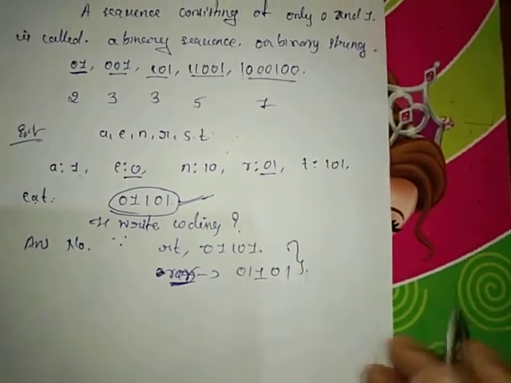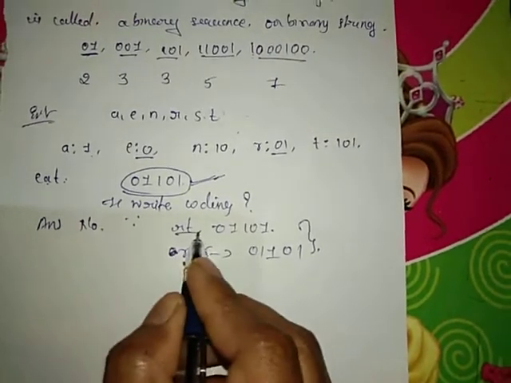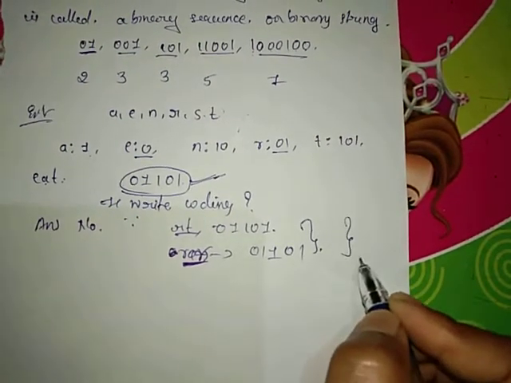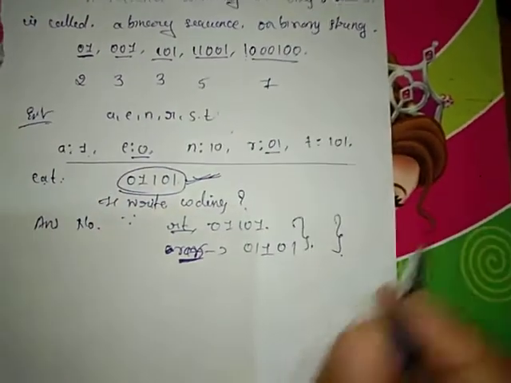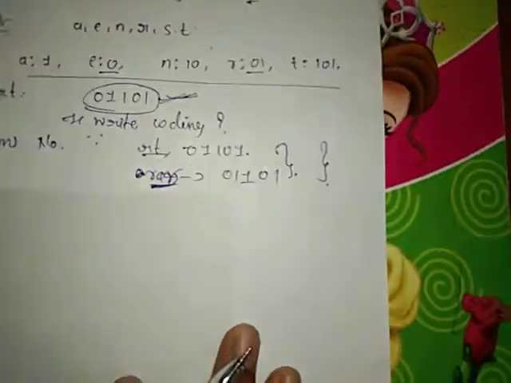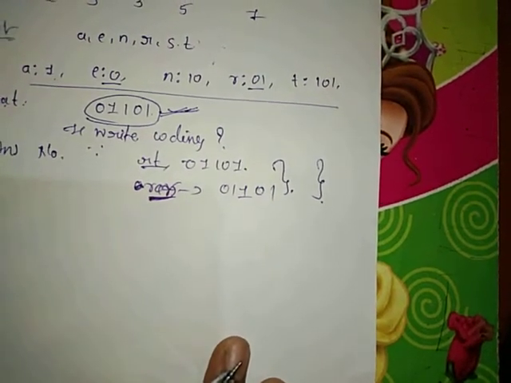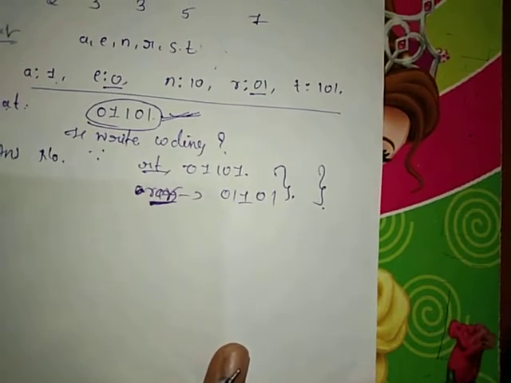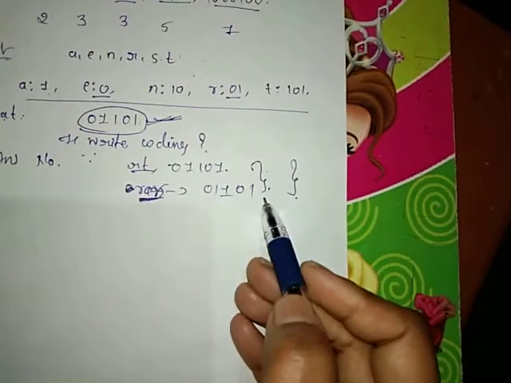This means the same code is also used for another word. If that kind of sequence exists, then the considered coding is not right. So the coding scheme indicated above is of no use for transmission here.